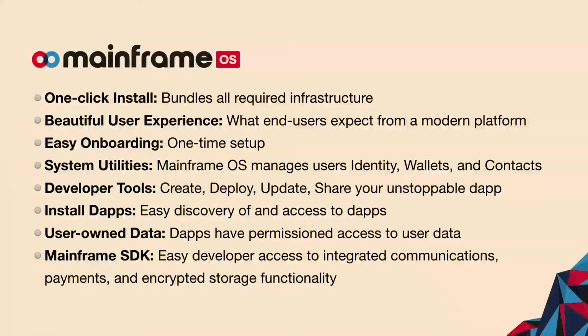We're very focused on user privacy, and so the user owns their data, and DApps can access the data through our SDK functions, but at any point the user has to grant permissions for that access.